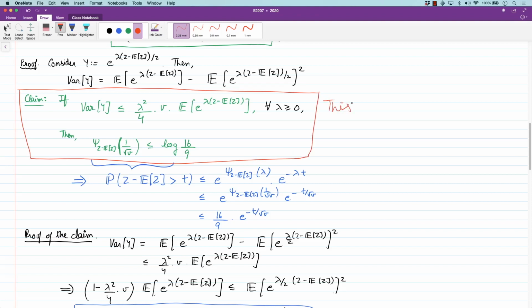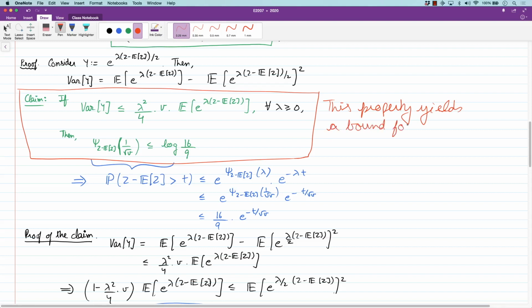This property yields a bound for this. That was the good thing about this property, and it tensorizes.